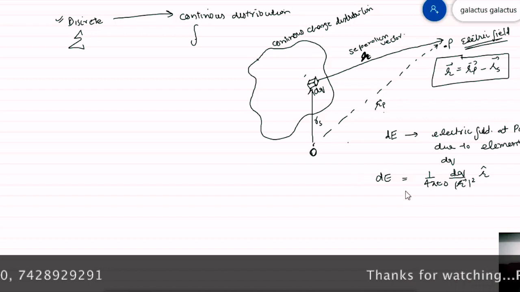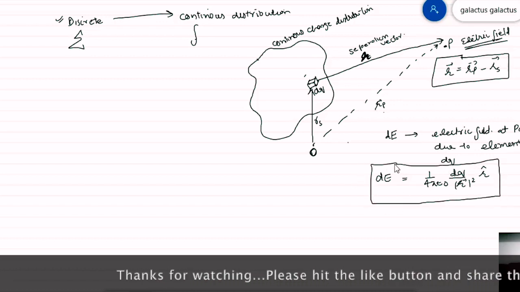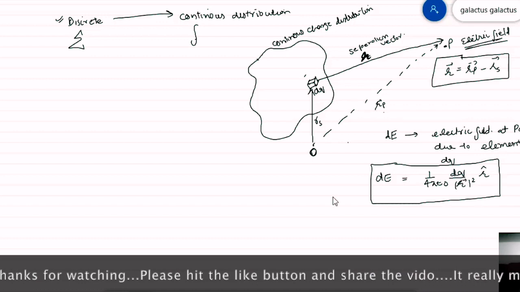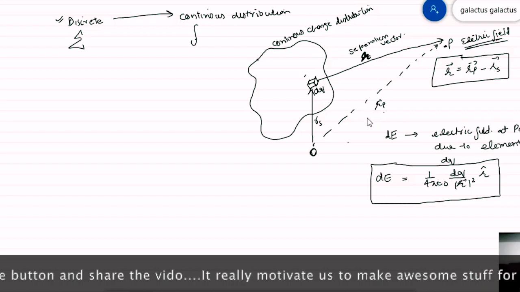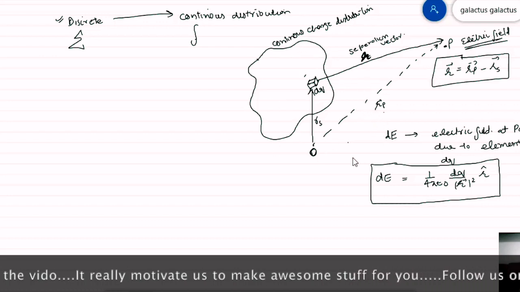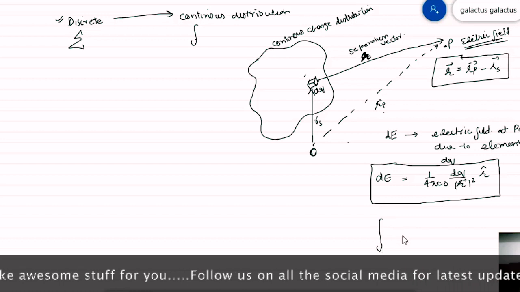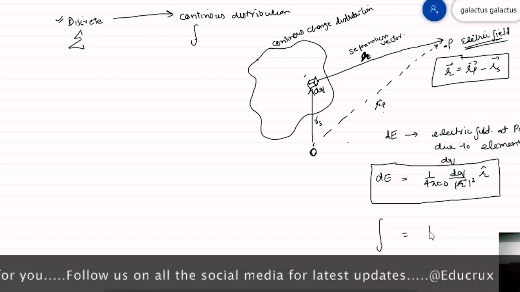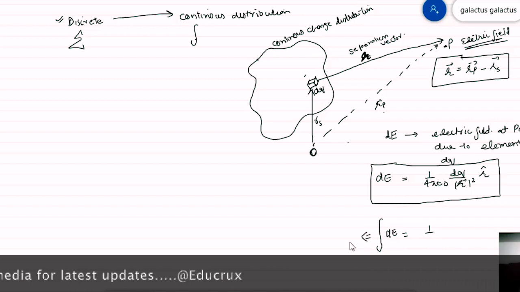So this is the field due to a small element charge dq, and if I want to calculate the electric field due to this whole continuous body, I have to integrate on both sides. So my dE after integration will change to E vector, which is also a vector quantity.